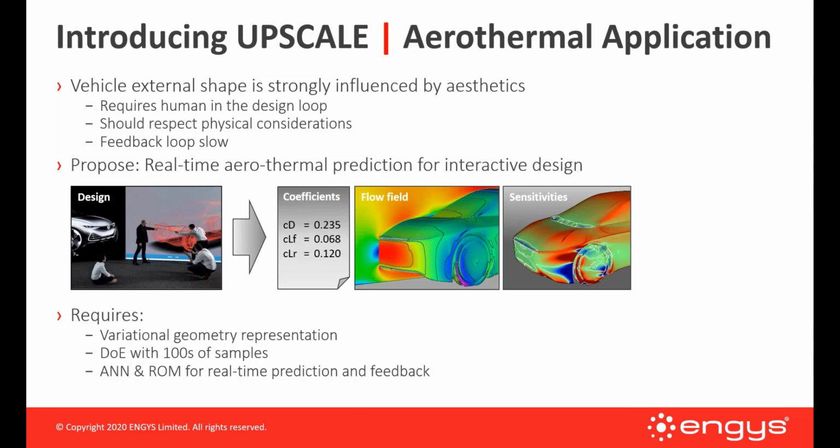So that's what this slide is about, the idea that in vehicle design, the shape and what it looks like is still very strongly influenced by aesthetics. So it's not pure optimization in terms of performance. There needs to be a human there, and they need to have a subjective opinion of whether a particular shape is going to sell or going to look nice.